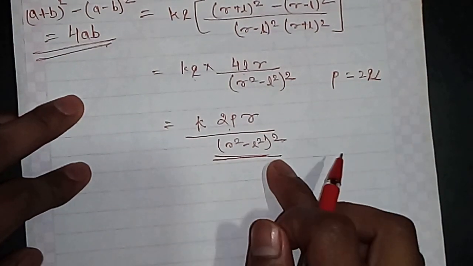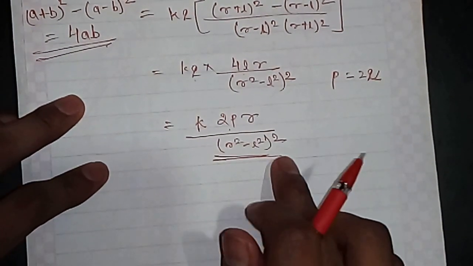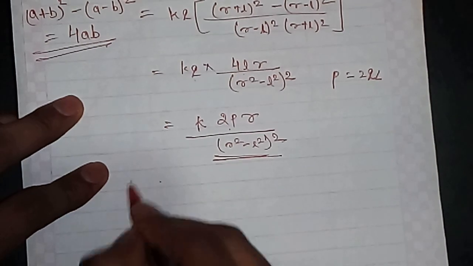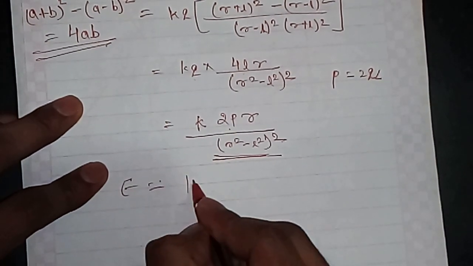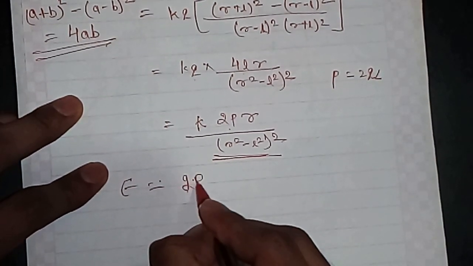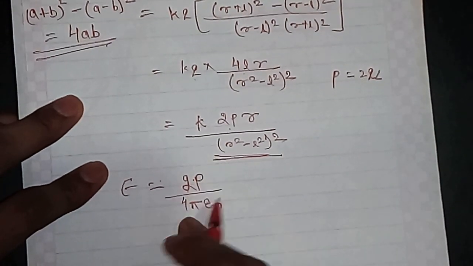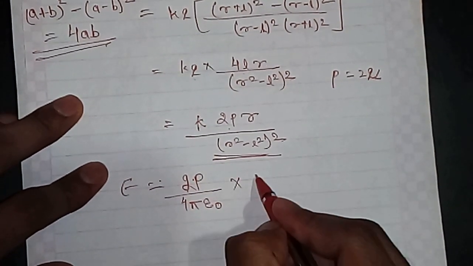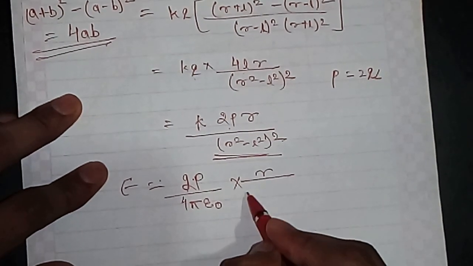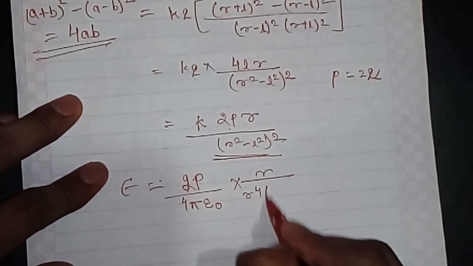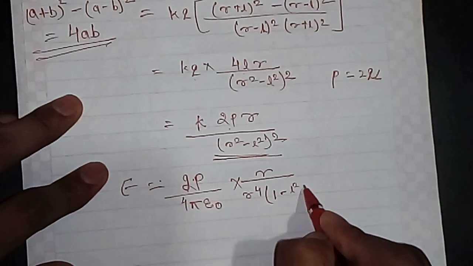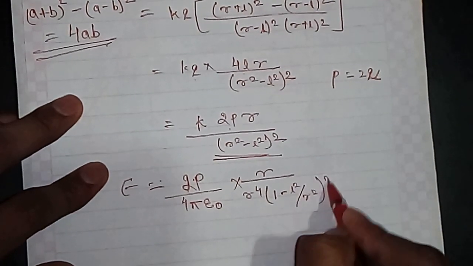Solving the lower part, we get E is equal to 2p upon 4 pi epsilon naught, which is the value of k, into r upon r to the power 4 into [1 minus L square upon r square] whole square.